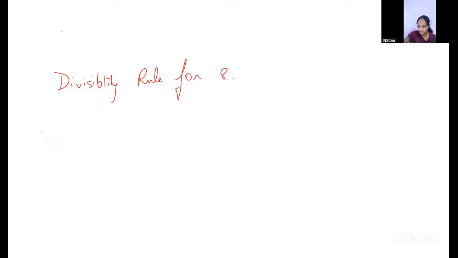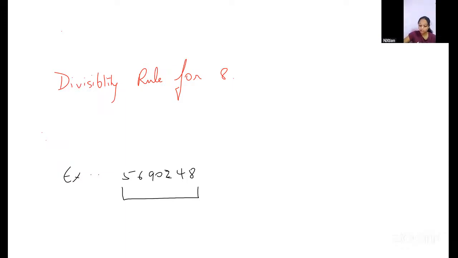if we have a big number like 5690248, and we have to check if this number is divisible by 8 or not, how can we check it?